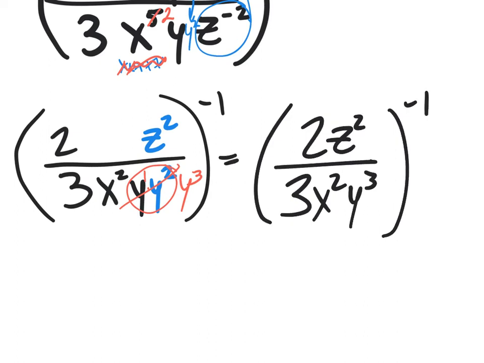So what other rules could I apply? There's nothing else I could do on the inside. But rule 3, distribute it to each and every term, right? And then all your exponents would be negative, right? Which means you'd have to move them all to the other side, which is fine. We could actually do that. But there's a little trick.